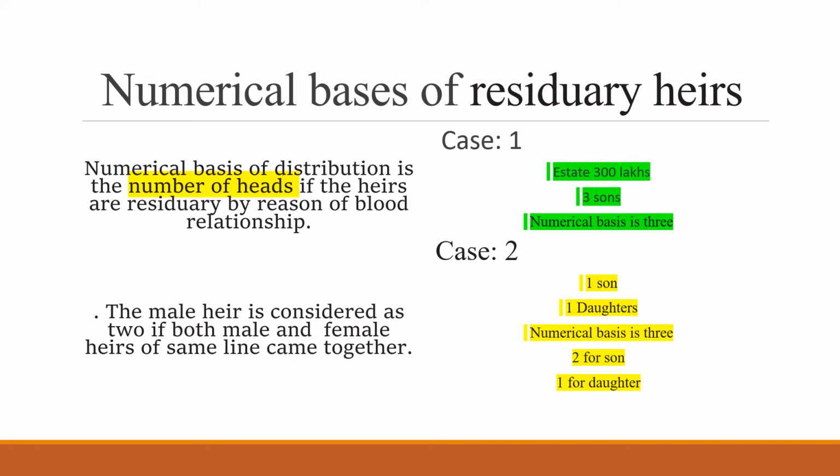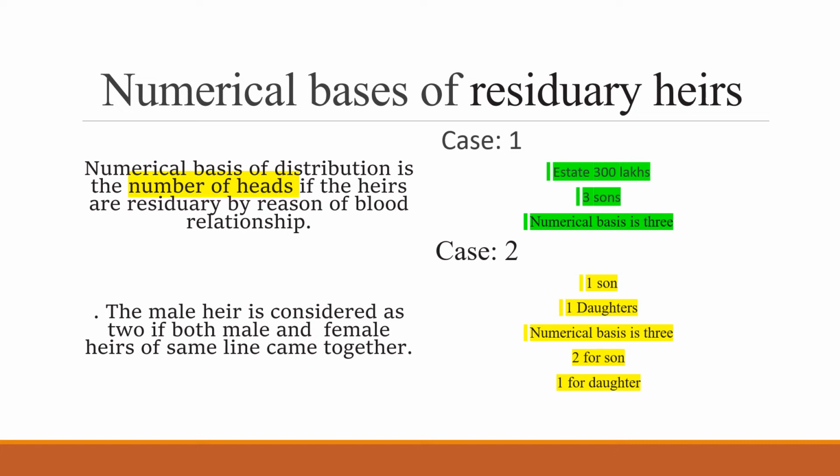So take an example. The estate is 300 lakhs. There are 3 sons. We know the son is a residuary heir. So there are 3 sons. What is the numerical basis?